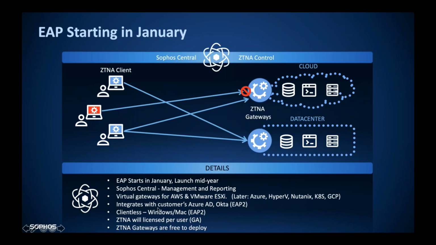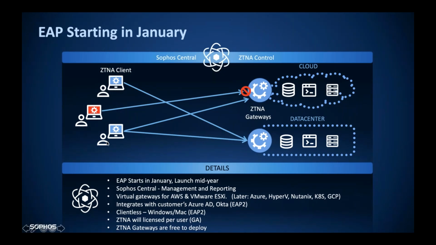Clients will be available in the first EAP with Windows and Mac, shortly to follow thereafter, and then mobile device client support down the road. And it will be licensed fairly simply, just like Endpoint, where it's licensed per user, and the ZTNA gateways that a company needs to protect its various assets will be free to deploy, as many as they want and as many as they need.